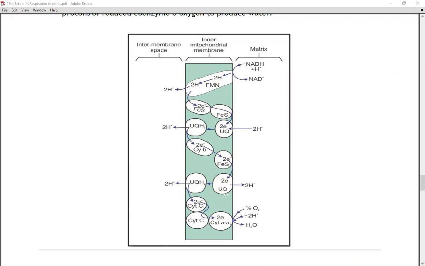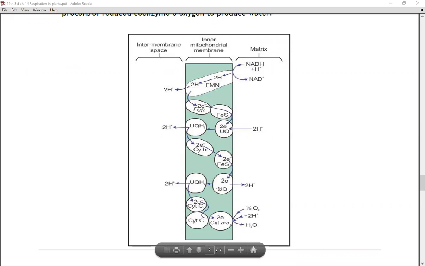Again in this part also, from the matrix, two protons enter; see over here, you can see the two hydrogen molecules, the arrow, right? This is going to enter, and for this reason these two molecules of hydrogen, or the protons, are being passed from the matrix to the intermembrane space, right?